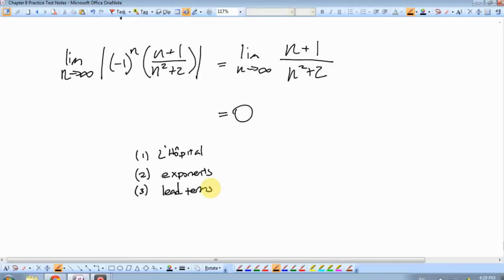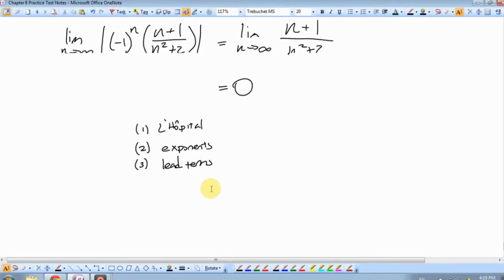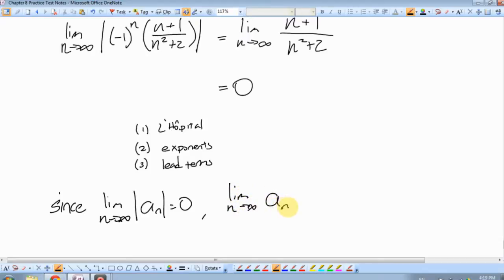Okay, so this limit is 0, since the limit as n approaches infinity of the absolute value of a_n equals 0. That means the limit as n approaches infinity of just the sequence is also equal to 0.